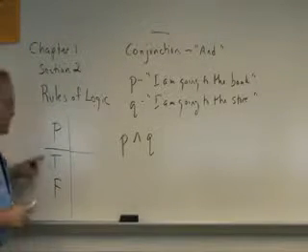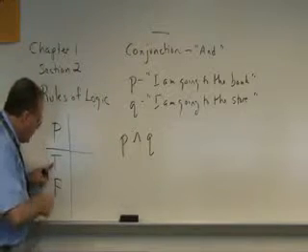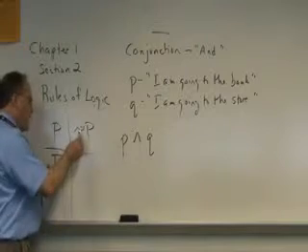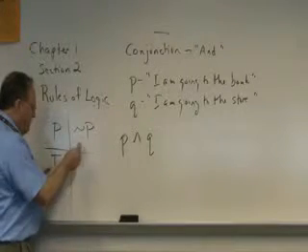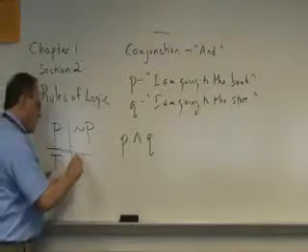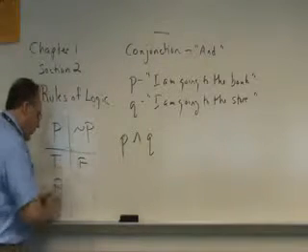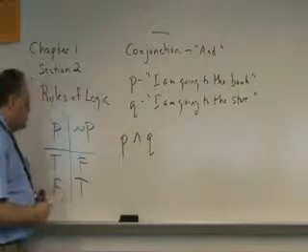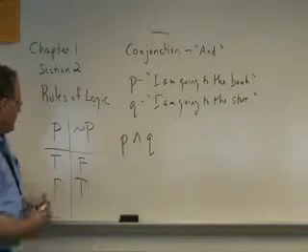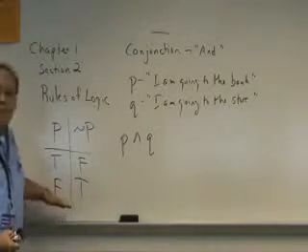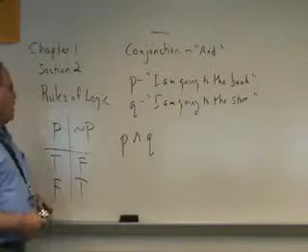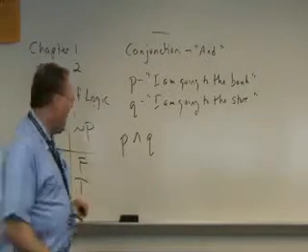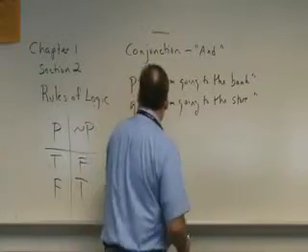And since P can only be true or false, then here's not P. Not P, if P is true, then not true is false, and not false would be true. So you can see that I can change my truth values. That's a very, very easy way of looking at it. But P and Q, that's a little bit more difficult. However, we'll get there.